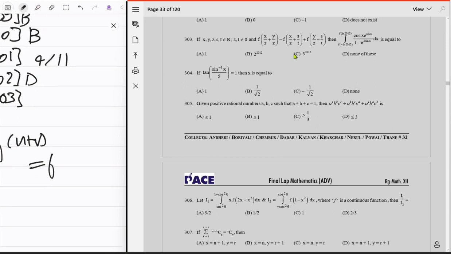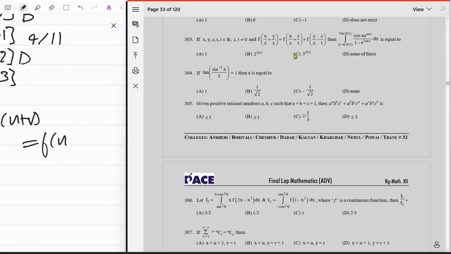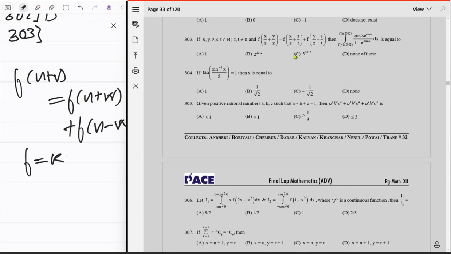Similarly s upon t is like w, so it's like f of u minus w. What function satisfies this? A linear function, of course. So we can just say f is equal to kx probably, because you can see it's pretty obvious at this point.